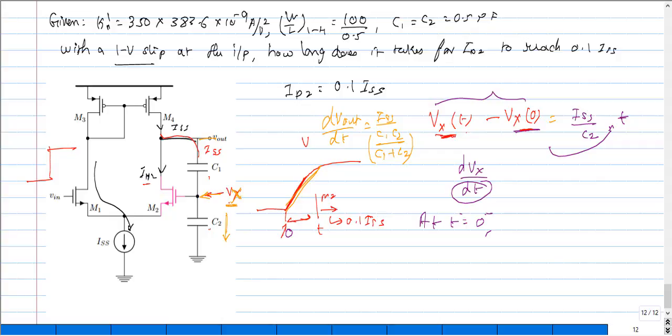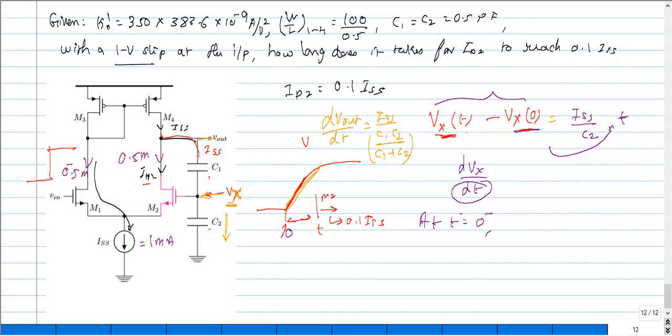Basically, the currents flowing would be equal to half the value of ISS, right, in both the cases. I forgot to mention what the ISS value is. So this is equal to 1 milliampere. So if there is a current flow of 1 milliampere, then half the milliampere will flow across the drain of M1, and the remaining half would flow across the drain of our M2 transistor, correct?